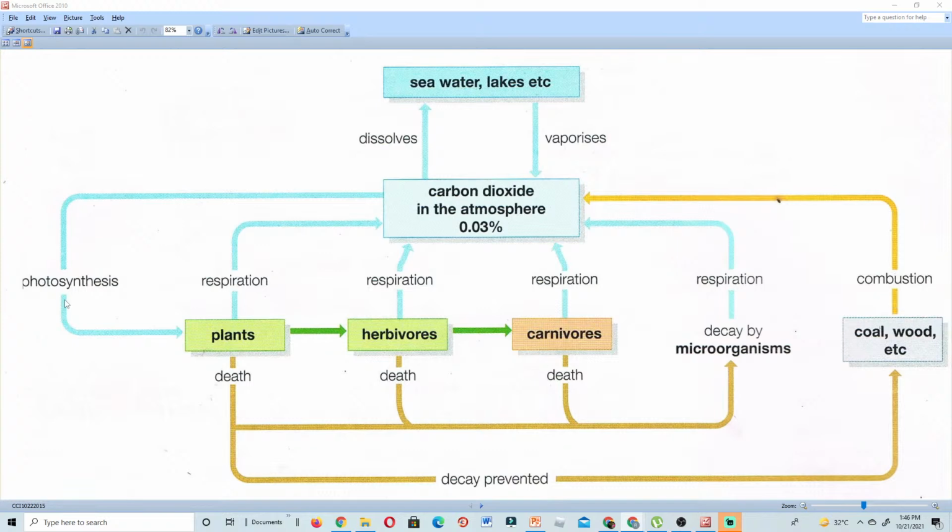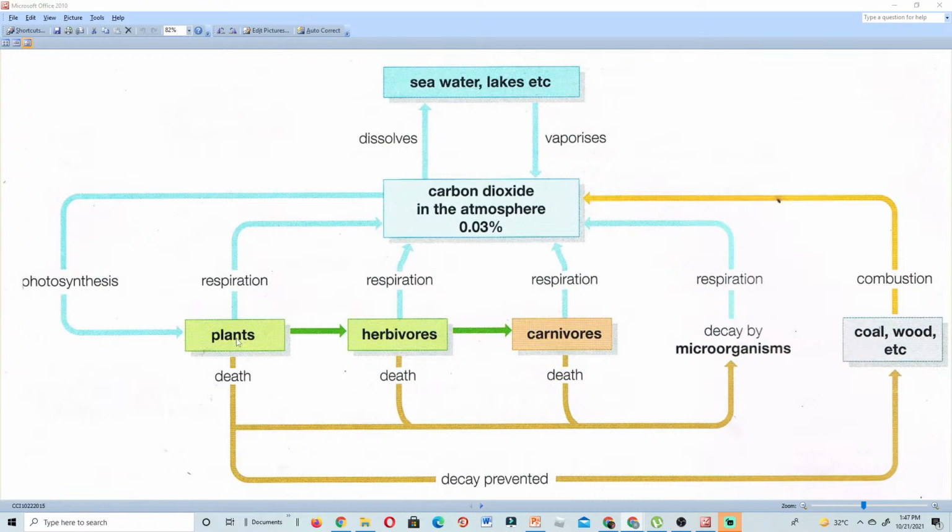Now, looking to the left, you will see photosynthesis, and you will see the line coming from this box, the blue line. Follow the blue line. You have photosynthesis, and it is going towards plants.